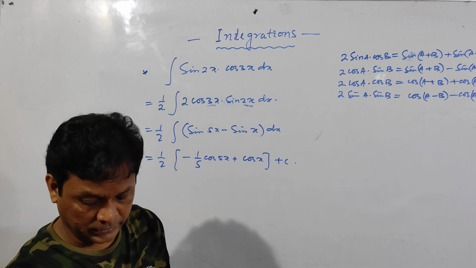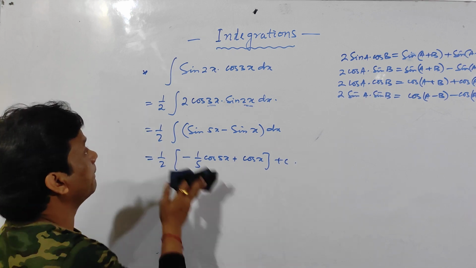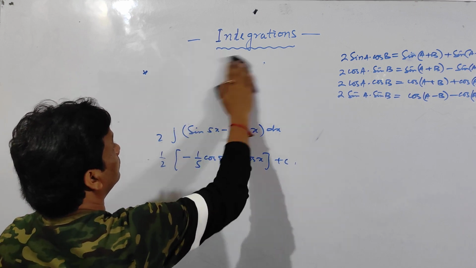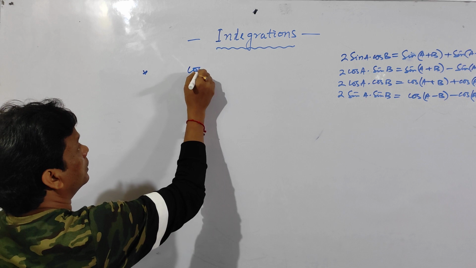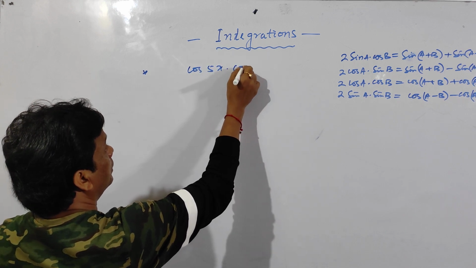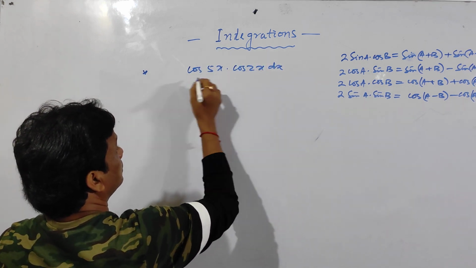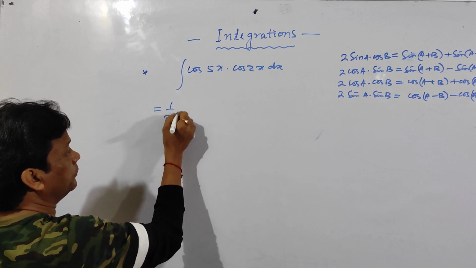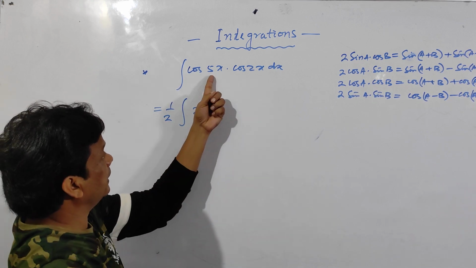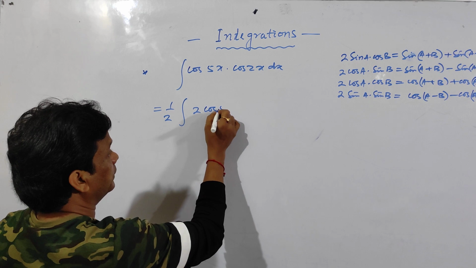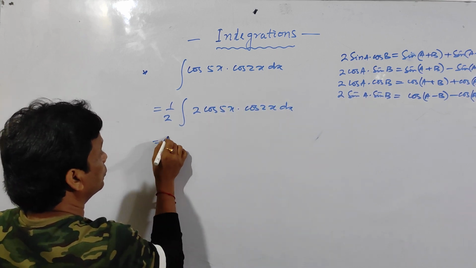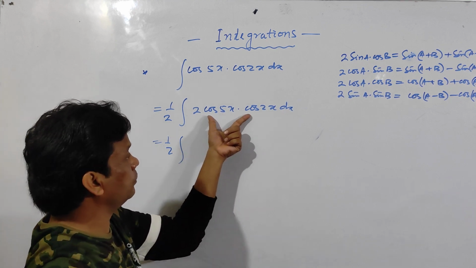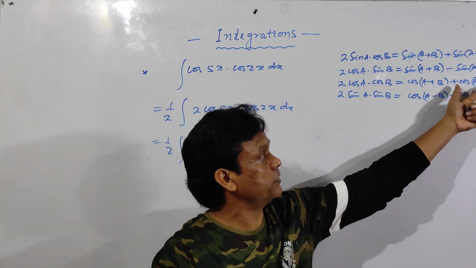Clear? Now, see another question. Cos 5x into cos 2x into dx. So simply divide by 2 and multiply by 2, and this is the larger angle, so this part should be written first and this part should be written second. So 1 by 2, what is the formula? 2 cos A into cos B is cos(A plus B) plus cos(A minus B).